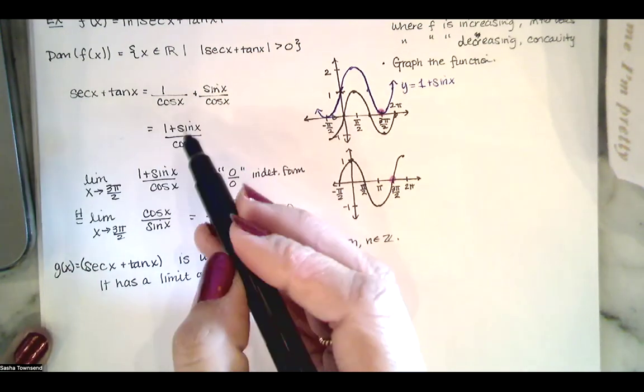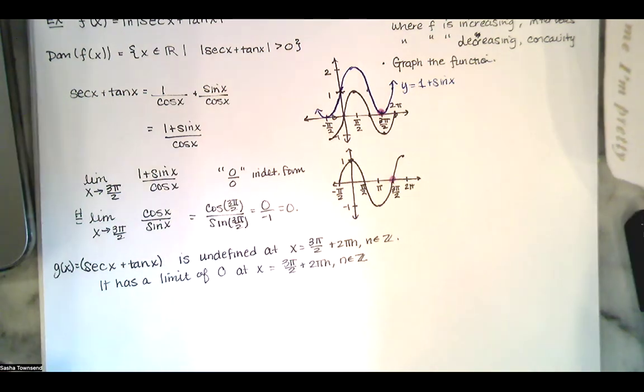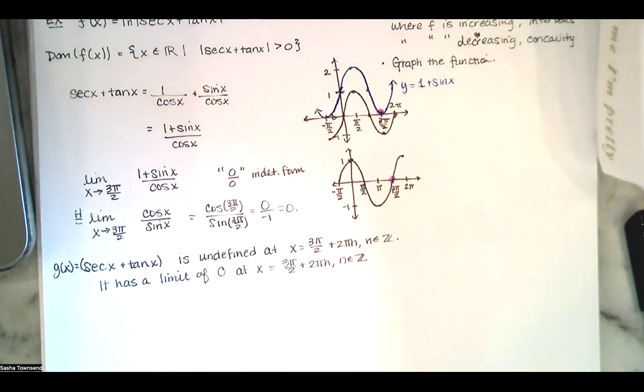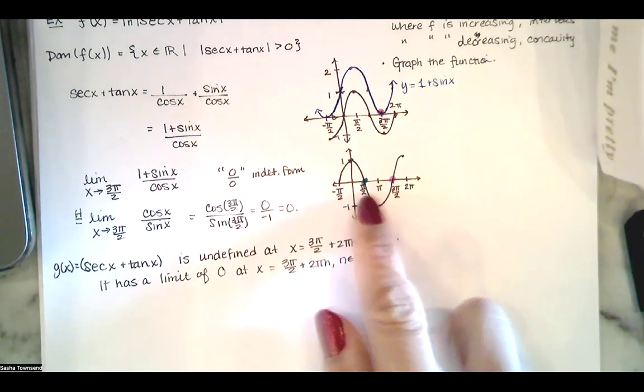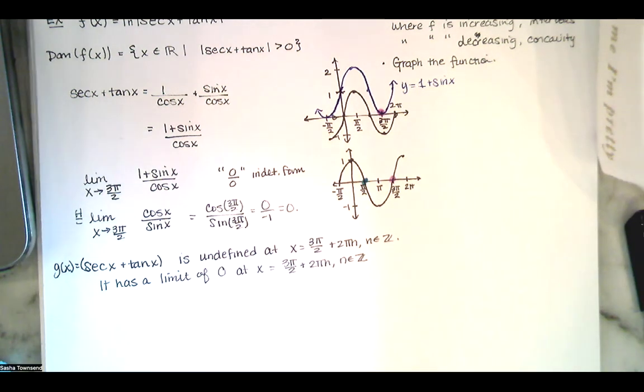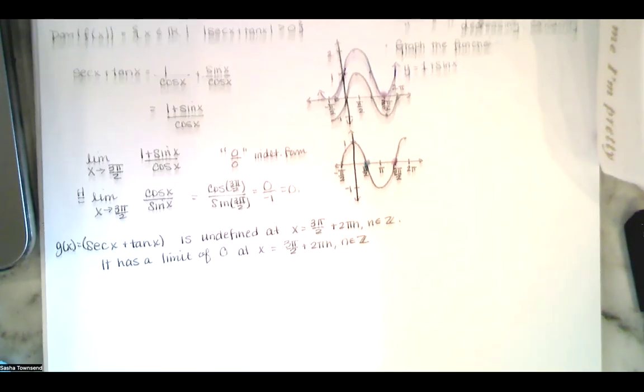So this function actually has an asymptote at all of these other zeros of our cosine function. So at pi over 2 plus 2 pi n, where n is an integer, this function will have asymptotes.